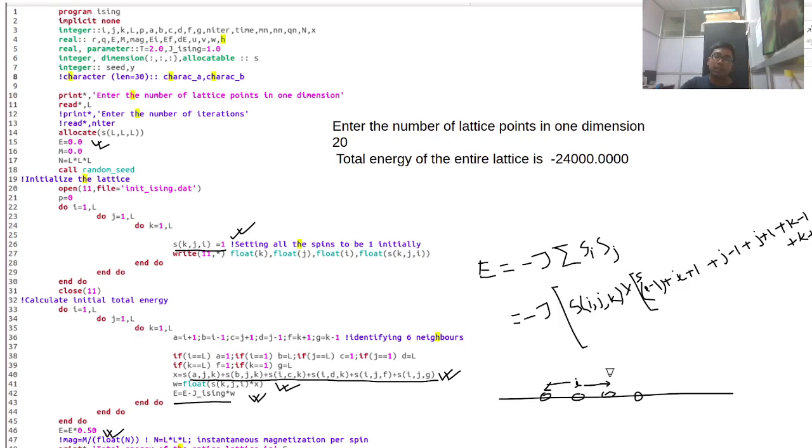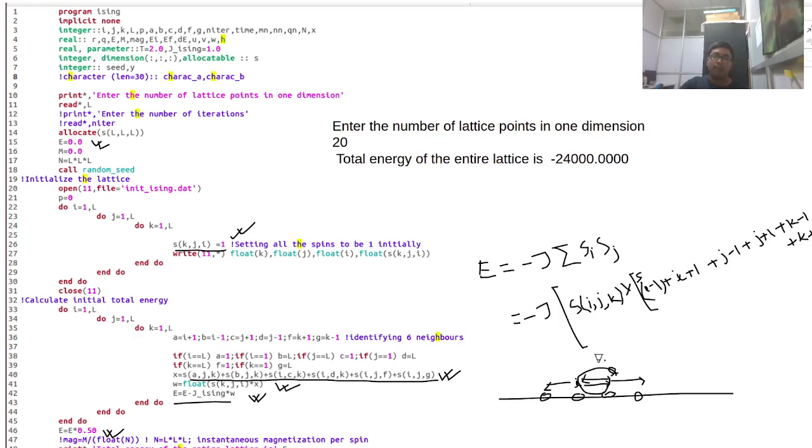And again, if we are going for this one, let's say i, then I have to check again the interaction with this particle and this particle. So these types of interactions are getting calculated twice, right? For each lattice site you are calculating the individual interaction with the others twice.